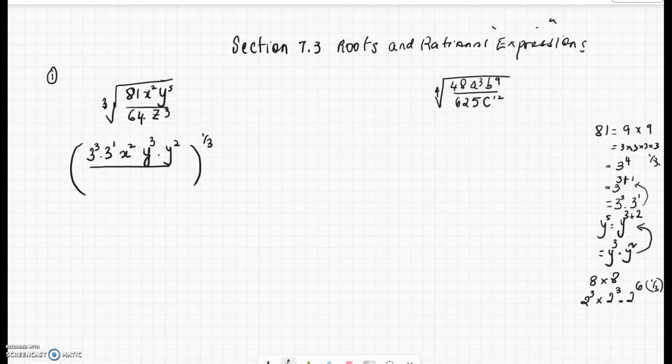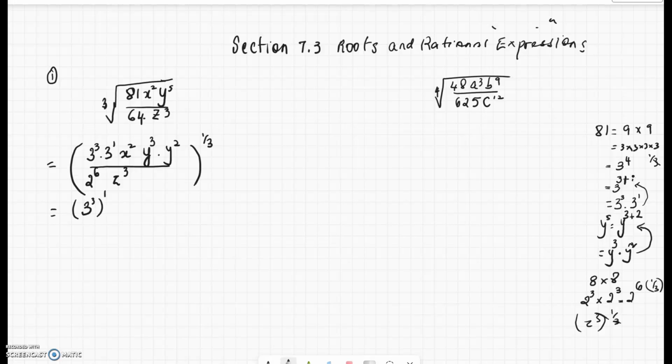So 6 is a multiple of 3, so we're going to just leave that alone. We'll write it as 2 to the 6 because 3 is going to cancel with the 6 eventually. And then we have the z cubed. Z cubed can be left alone because z cubed to the 1/3 is going to give us a whole number exponent.